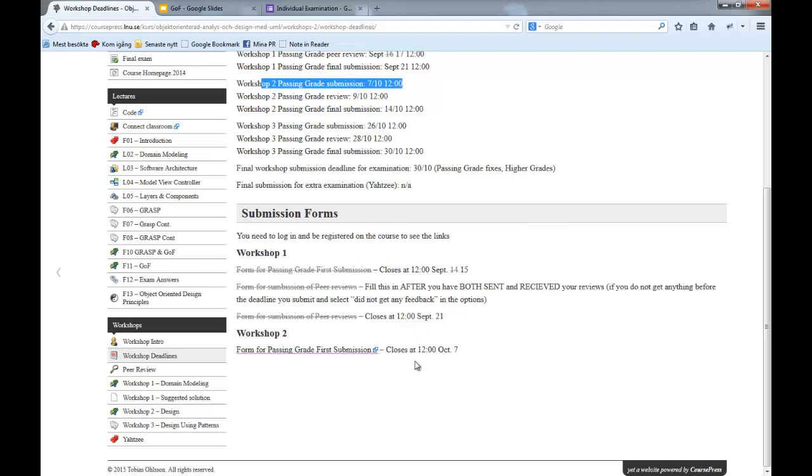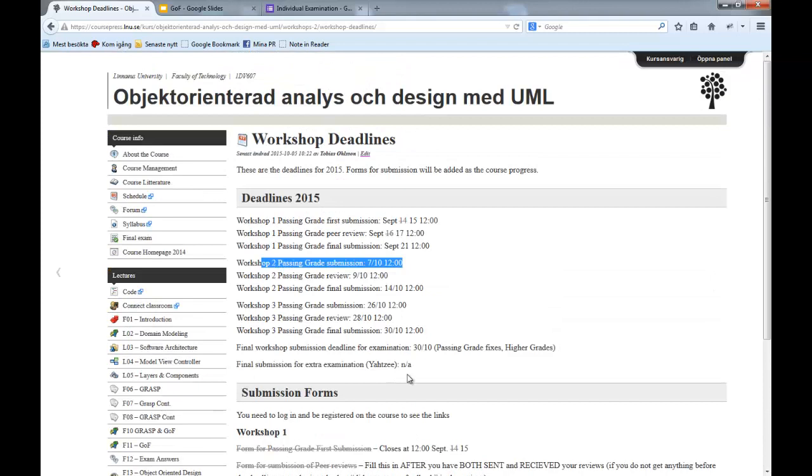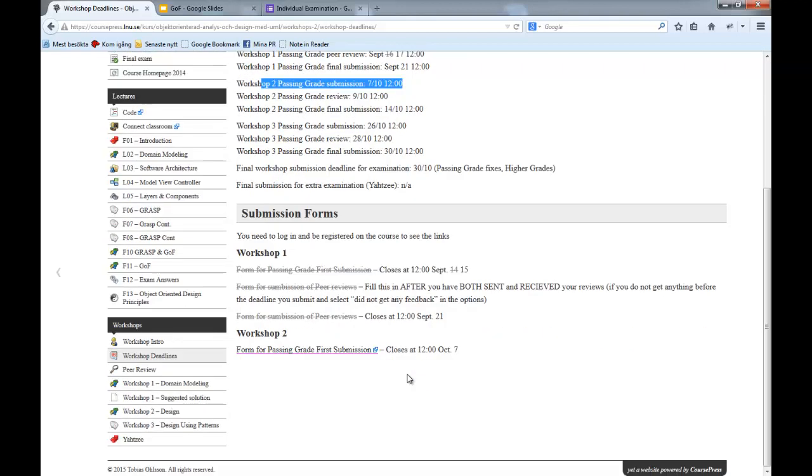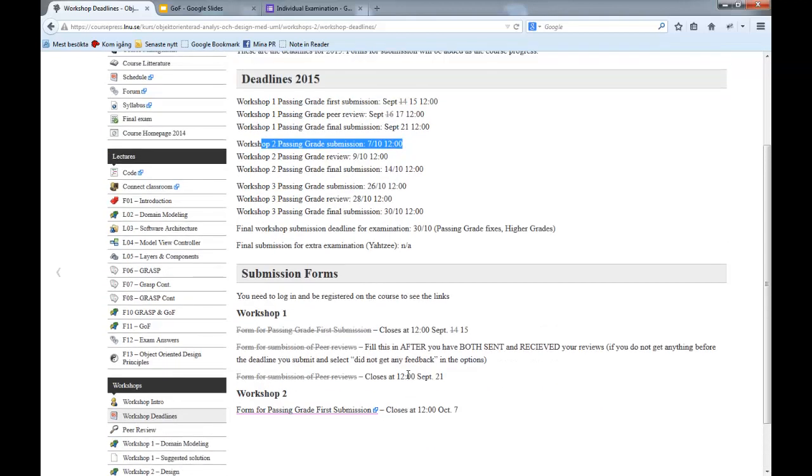It's like 2 days, so we need to get started right away there. Otherwise, it will work as the first workshop did. Any questions on the workshop? Nothing. That is good, possibly.